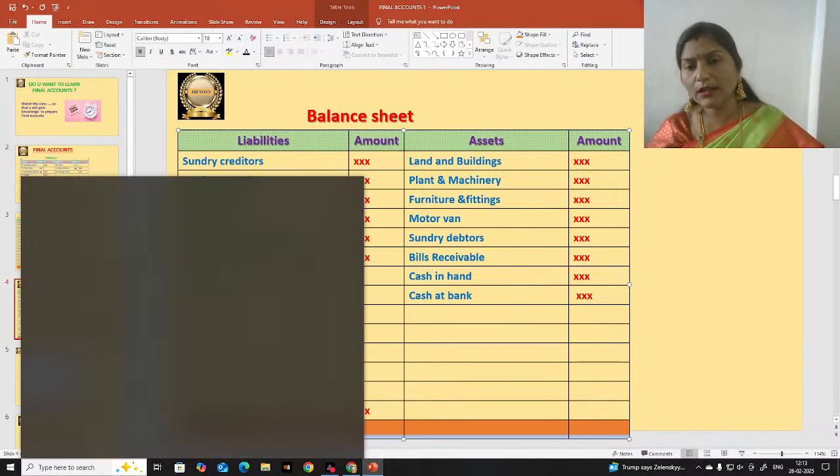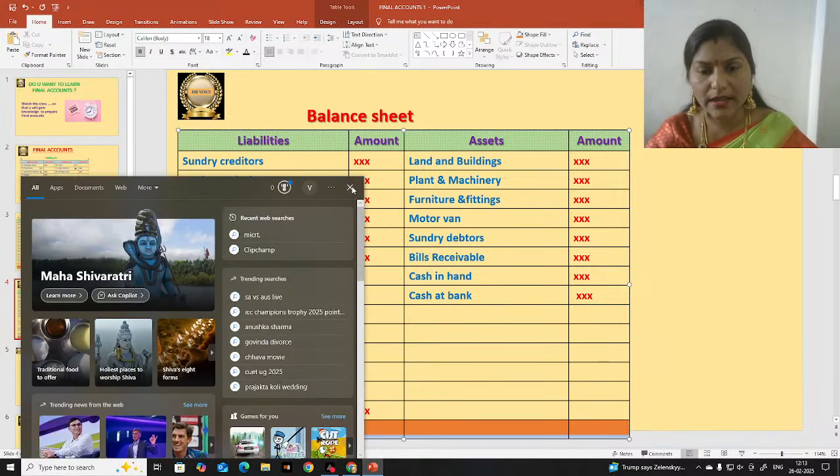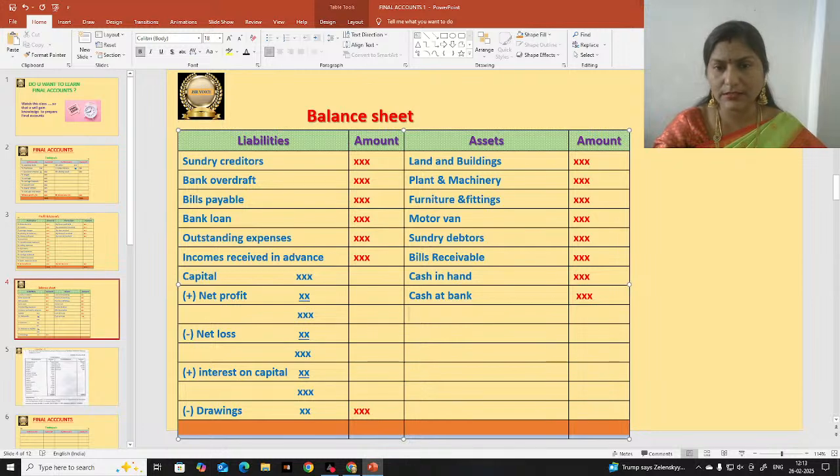Okay, these all are assets. Cash in hand, cash at bank, these all are assets. So land and buildings, plant and machinery, furniture and fittings, motor vans, sundry debtors. Next one is closing stock. Amount in the amount column. Next, after this, investments. Investments also is one of the assets.